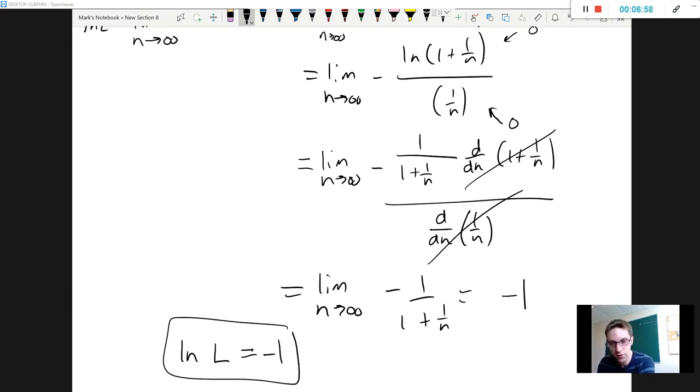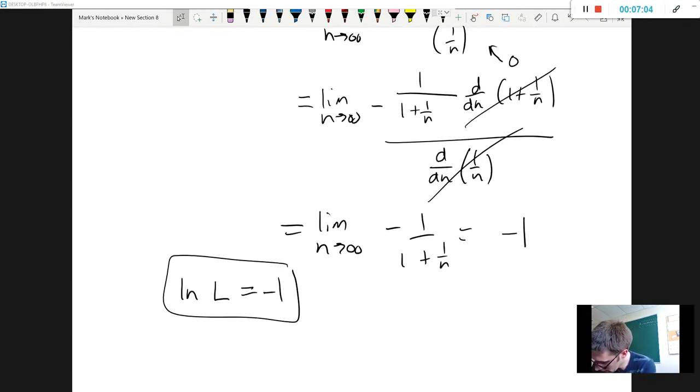L is the thing that we actually wanted to find, since we were looking at the nth term test to determine what the terms approached. What that means is L is equal to e to the negative 1, which is the same thing as 1 over e. And 1 over e is 1 divided by somewhere around 2.7. So that's some number that's roughly a third.